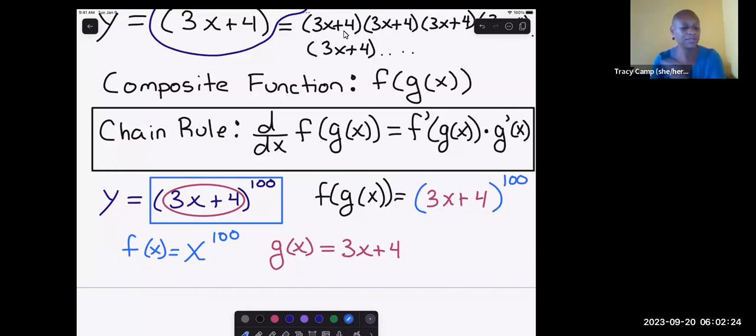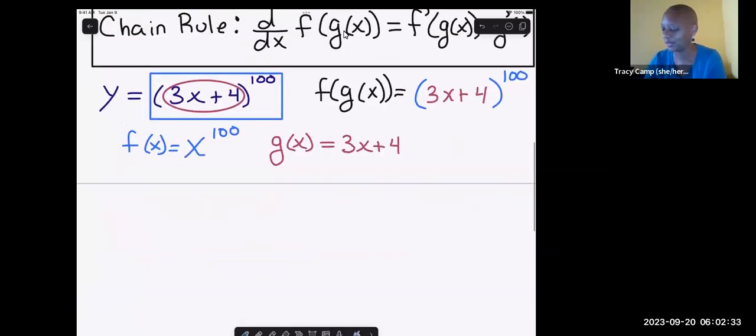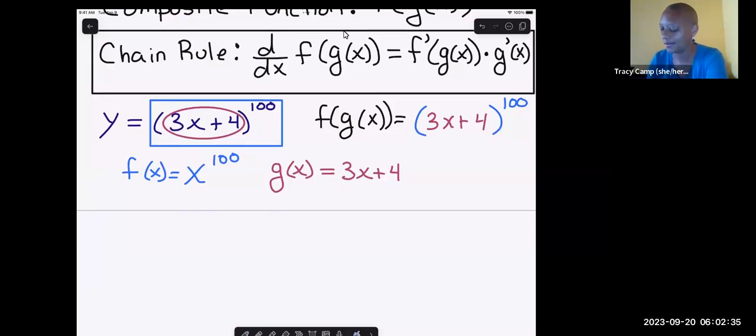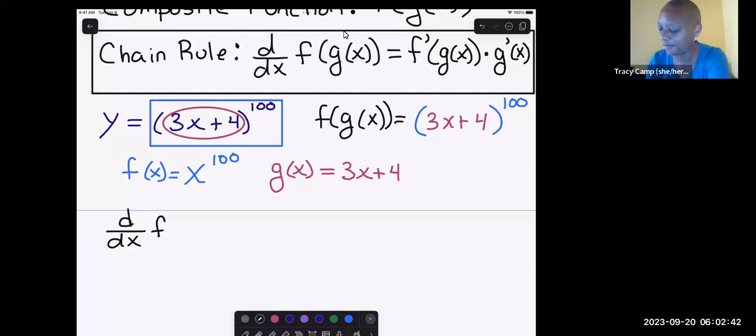And so just applying the chain rule here, I would say for this function that the derivative of my f of g of x, or in this case, the derivative of 3x plus 4 raised to the power of 100.